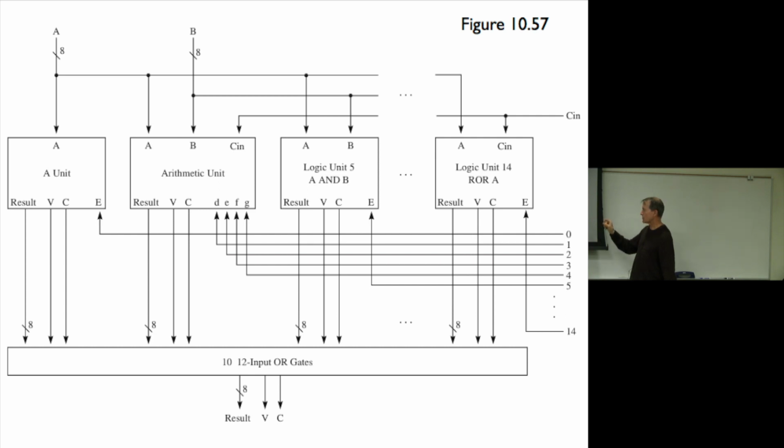Because each one of those units has how many outputs? Each one of those units, whether it's the A unit or the arithmetic unit or the logic unit 5 or the logic unit 14, each one of them has how many outputs? Has 10 outputs.